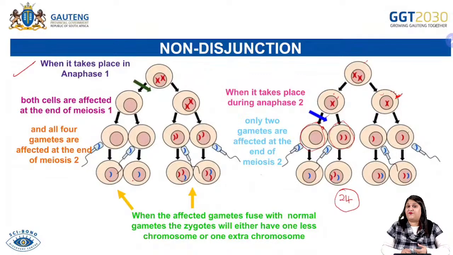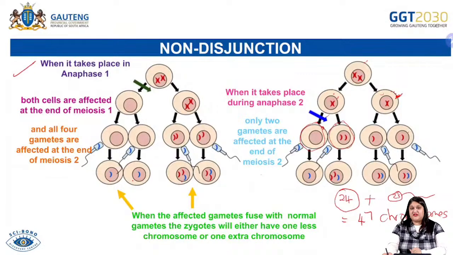So if it has 24, it's got an extra chromosome, right? Now we add it to a sperm, and this sperm has 23. This is a normal sperm, not an abnormal gamete. 23 is normal. That's how many we're supposed to have. So if you have that, it equals 47 chromosomes, for example.